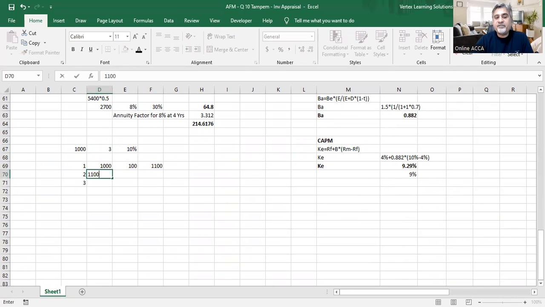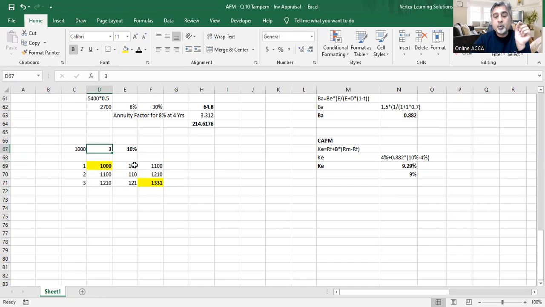In the next year, you have 1,100 and the profit on this is 10% and the total is this. And in the next year, your return will be 10% and at the end, you make 1,331. So you assume that your $1,000 will be converted into 1,331 if invested at 10% for a period of 3 years.